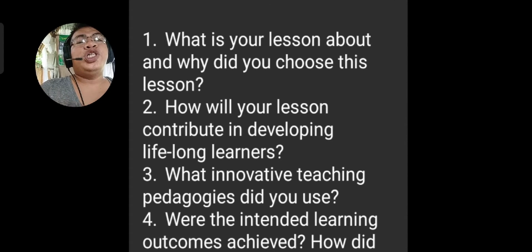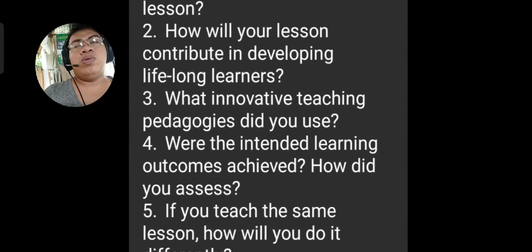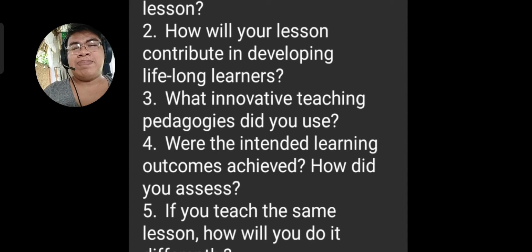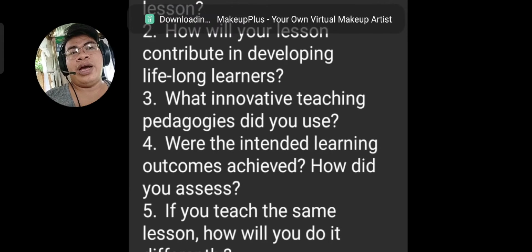Okay. So were the intended learning outcomes achieved? So in my evaluation, they really recognize, the last part, the effective. They really recognize the difference between the common and proper noun.